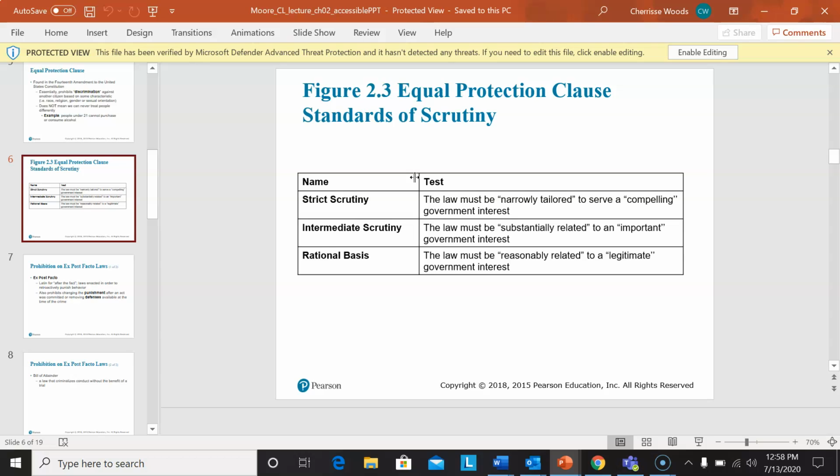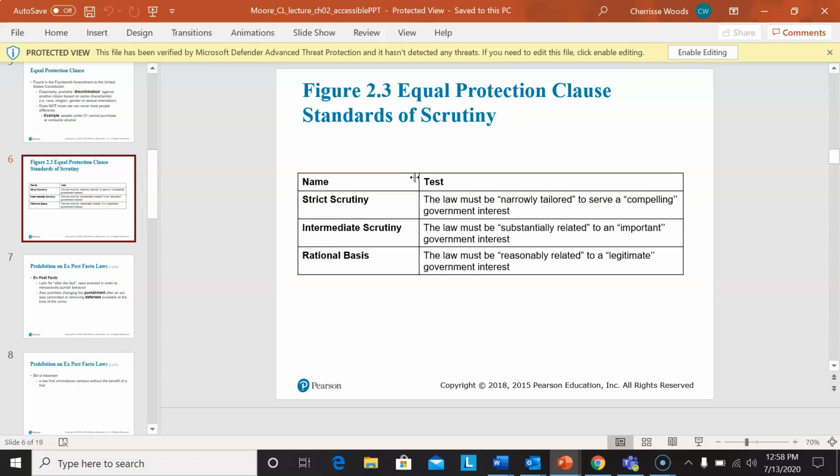If intermediate scrutiny is the level of scrutiny that's going to be used to determine the constitutionality of the regulation, you must show that the law is substantially related to an important government interest. And if rational basis, this is the least difficult level of scrutiny to pass. If rational basis is the standard that we're using, then you must show that the law is reasonably related to a legitimate government interest.